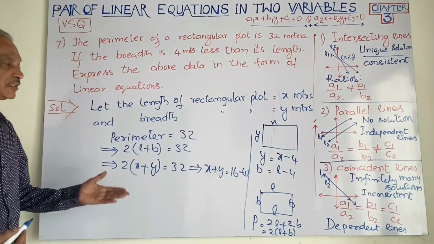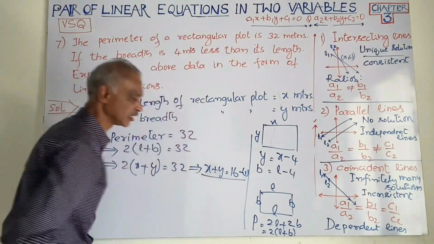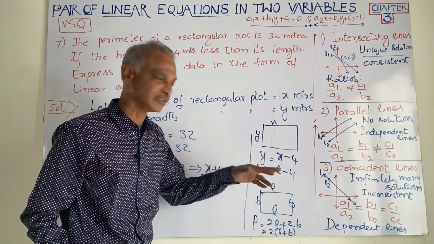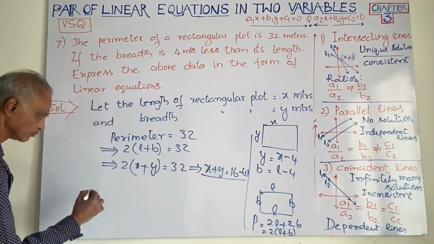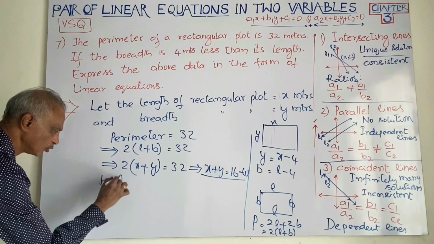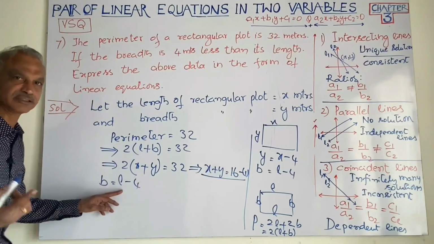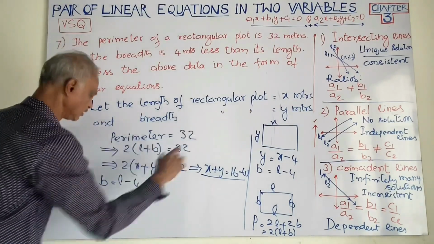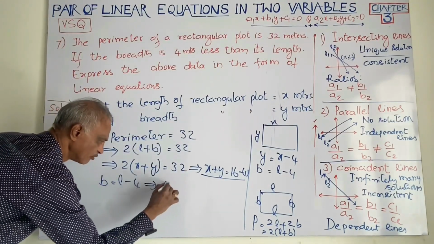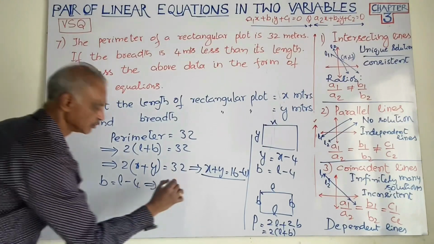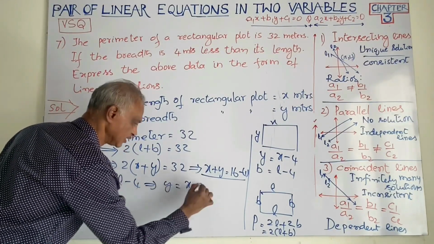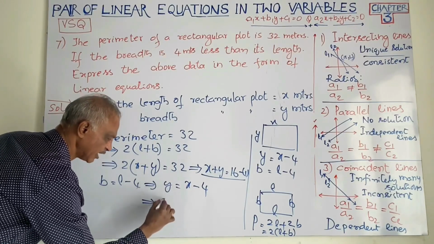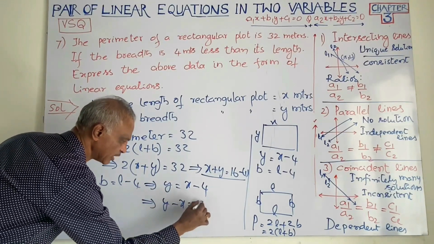Next you have to write another linear equation. We have breadth is 4 meters less than the length. Length will be more. What is B here? y. Implies y is equal to, what is L? I have taken x. So y is equal to x minus 4, which gives y minus x is equal to minus 4.